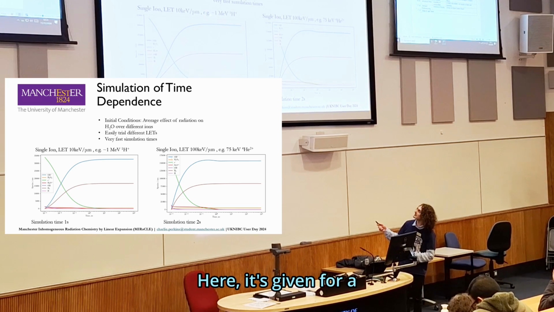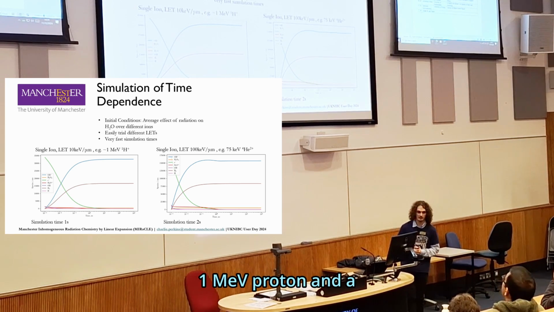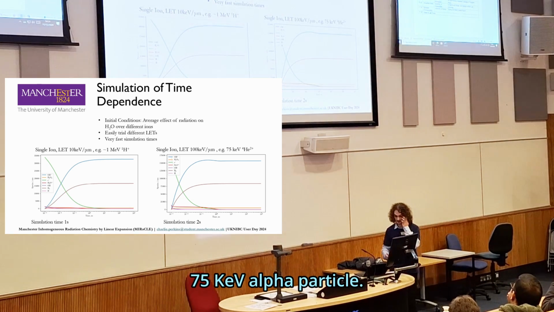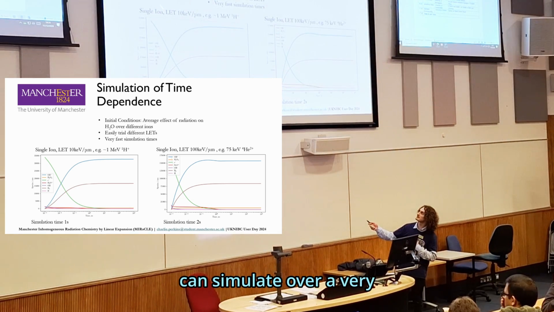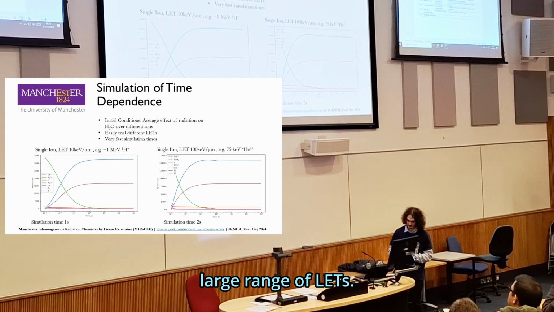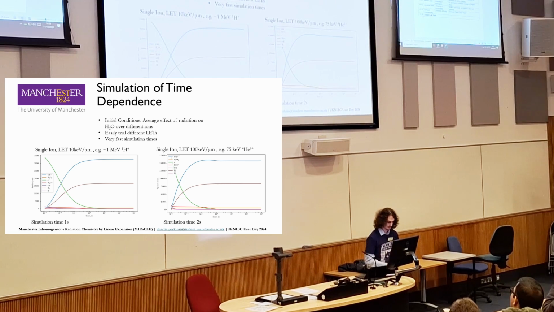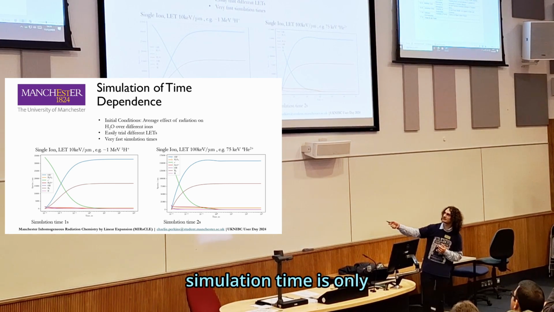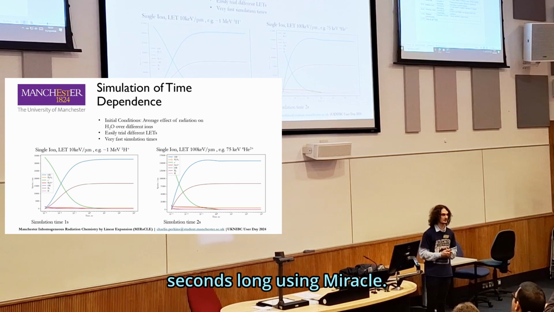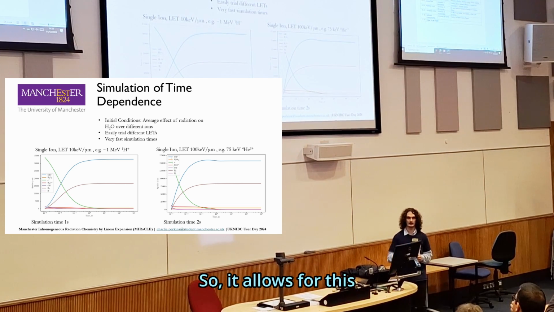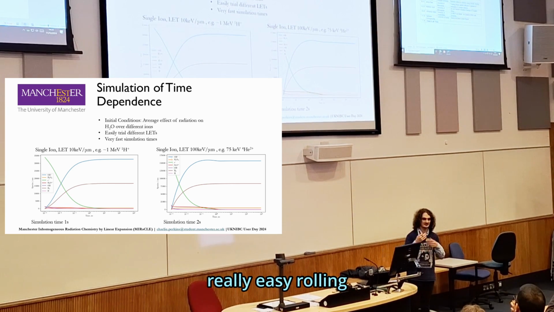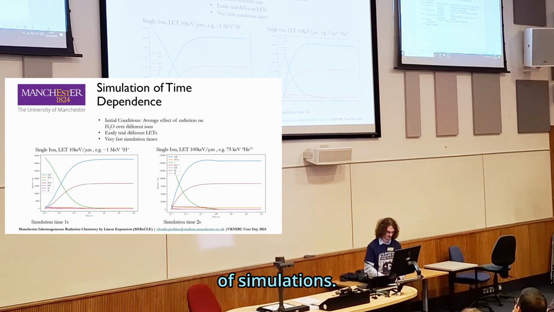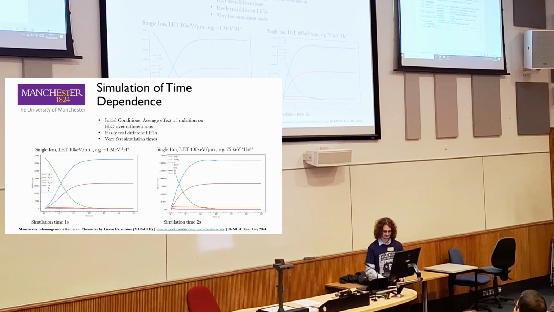Here it's given for a 1 MeV proton and a 75 keV alpha particle, but realistically we can simulate over a very large range of LETs. One really important thing here is that the simulation time is only seconds long using MIRaCLE, so it allows for this really easy rolling redevelopment of simulations.